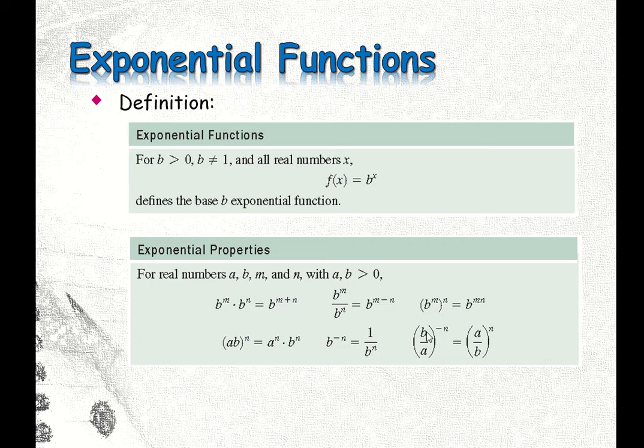And the quantity b over a raised to a power negative n is equivalent to the quantity a over b raised to a power positive n. Alright, so these are the properties of exponential functions. And take note of the conditions here.